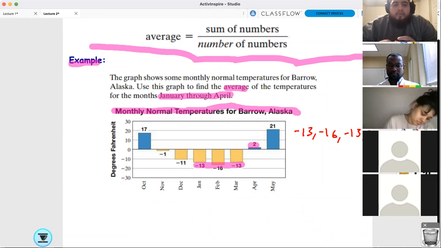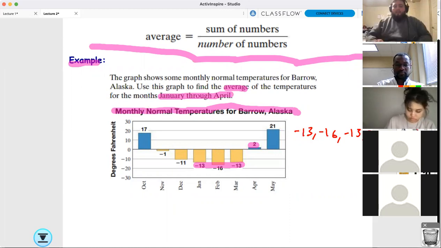So the graph shows some monthly normal temperatures for Barrow, Alaska. Use this graph to find the average of the temperatures for the months January through April. So we have -13, -16, -13, and 2. So they want us to find the average, class.